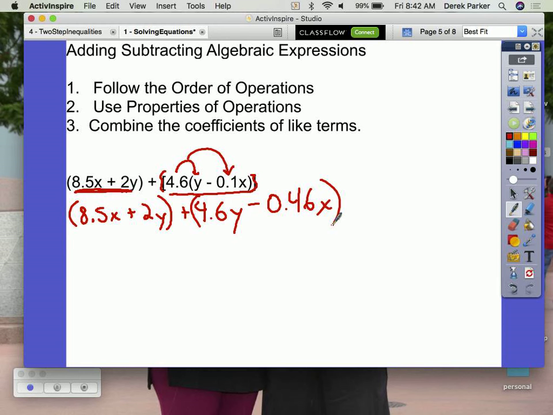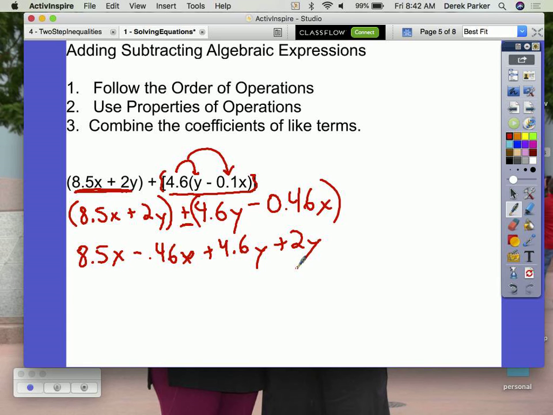Now, I cannot combine anything in the parentheses. This is a plus sign, so I'm not distributing a negative to the inside of the parentheses. So now I'm going to get rid of the parentheses and rewrite it to where my like terms are together. 8.5x minus 0.46x plus 4.6y plus 2y.